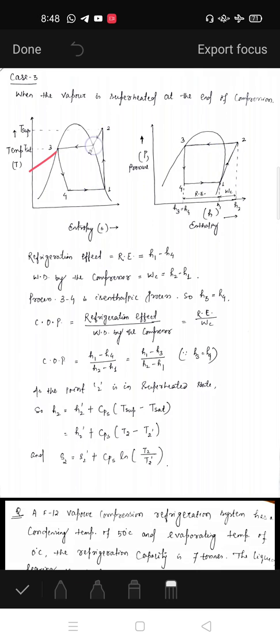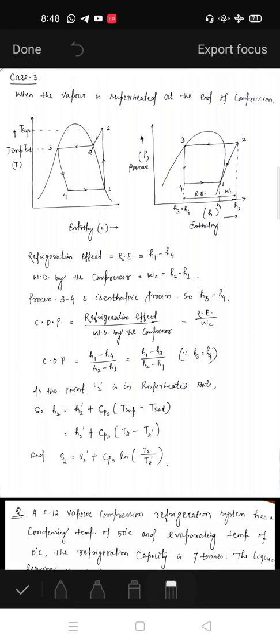The case says that the vapor is superheated at the end of compression, which means point 2 will lie outside the dome. Suppose our starting point at the entry of the compressor is dry and saturated.